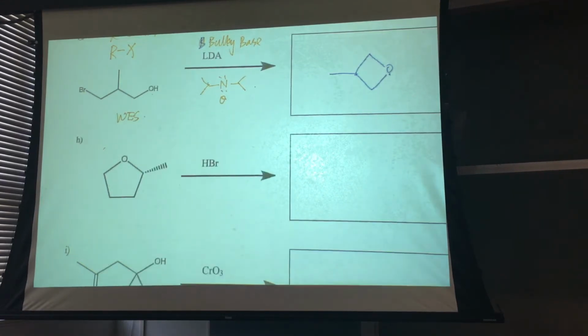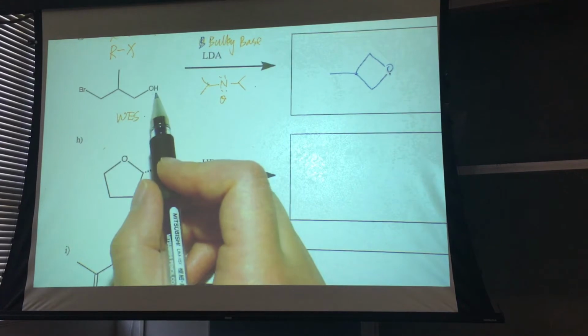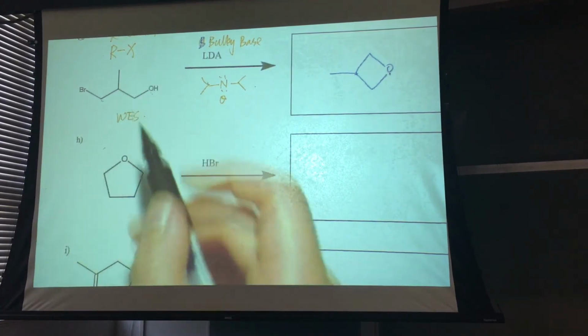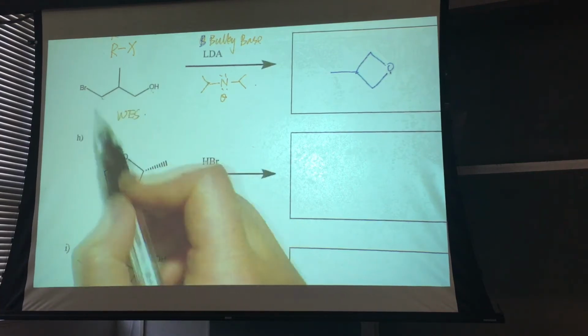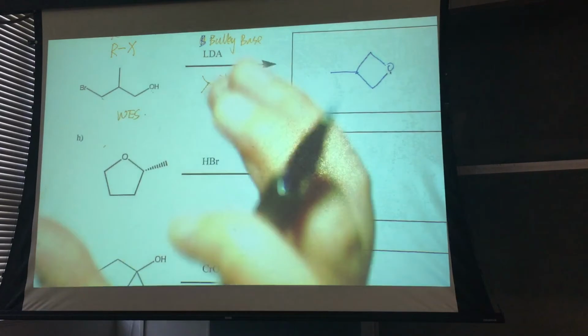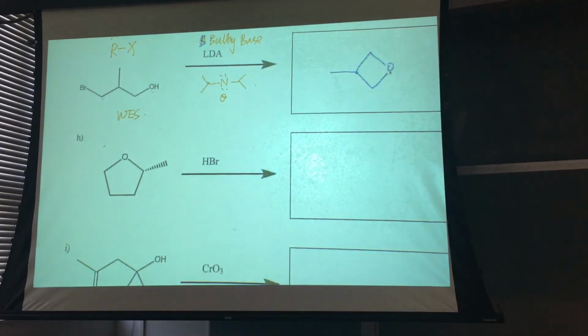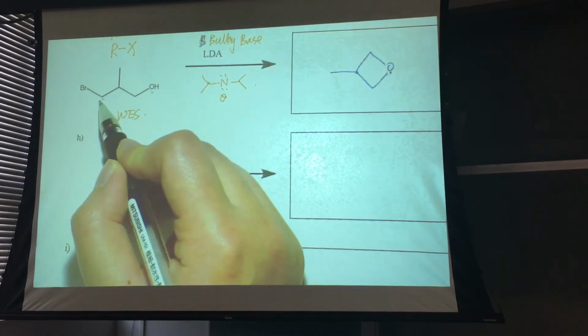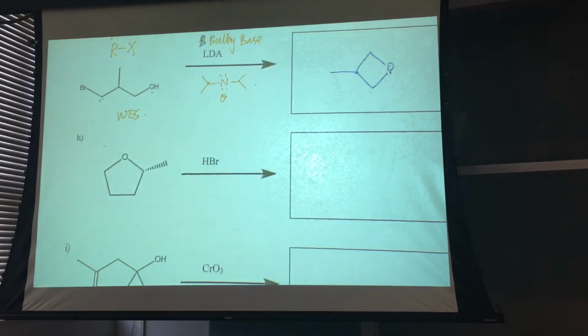Although it looks like this oxygen is far away from this one, in reality oxygen is really close, in the same molecule. So intramolecular, all in one molecule, is always preferred over attacking something else. In one molecule means this oxygen is closer to this carbon than anything else. Okay.